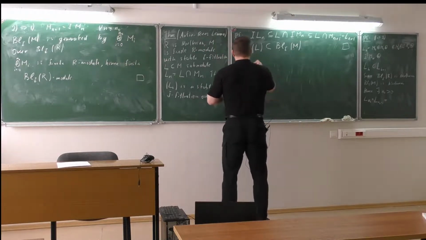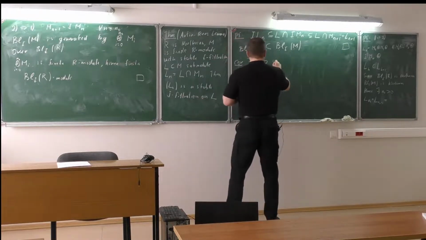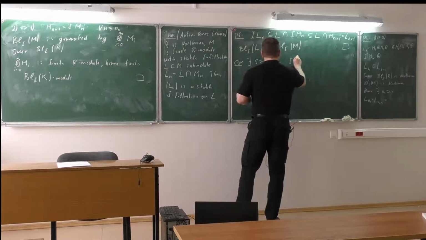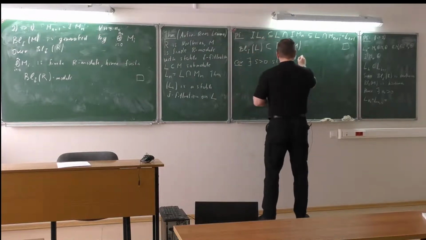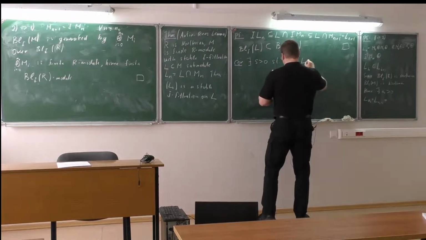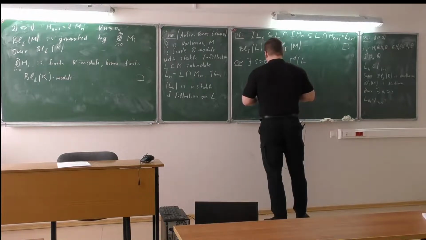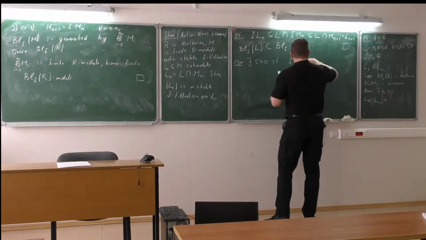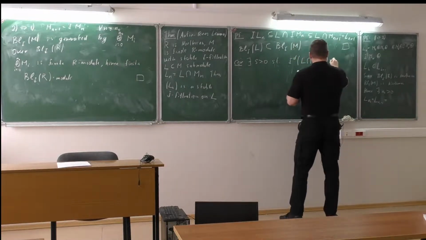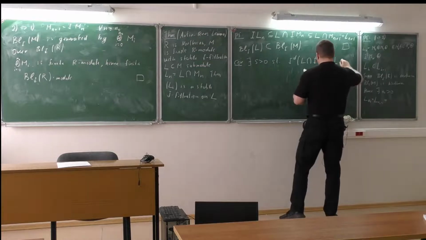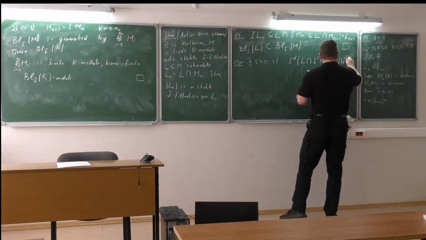It says that there is S greater than 0 such that if you consider the product of I to the D with the intersection, you take the submodule L, intersect with I to the S M, and this is the same as L intersect with I to the D plus S M. And this is for any D greater or equal than 0.